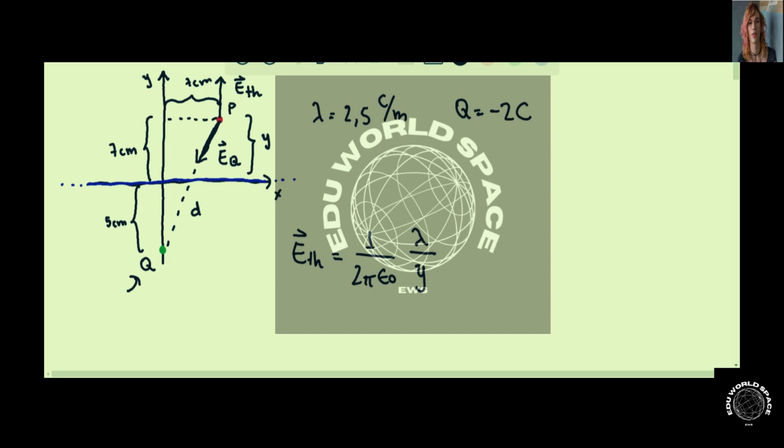This is y, that distance. It only has a y component, so it is only in that direction. We set it positive because it is pointing upward.